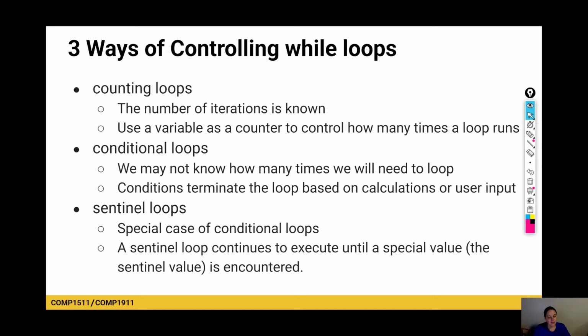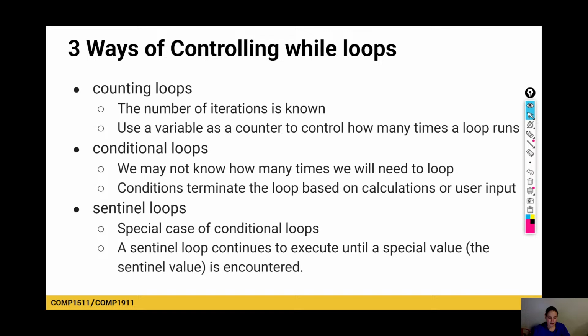And then there's a more special case of a conditional loop called a sentinel loop. These ones usually seem to confuse people a bit, but basically a sentinel loop just executes until a special value is encountered. So the user might know, I want to keep entering numbers, and when I enter a negative number, that means I want to stop and there's no more input to come.